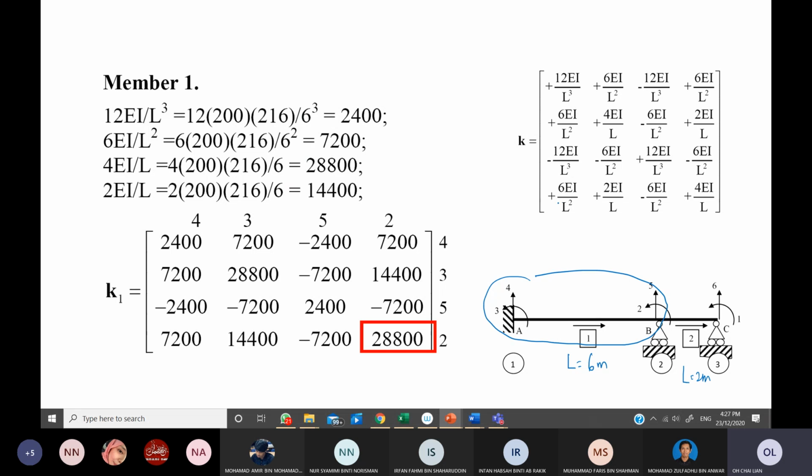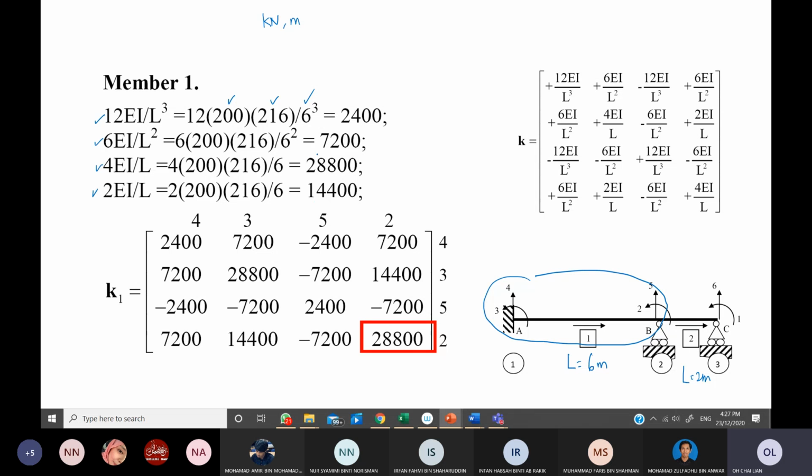So what you can do is just put in the E and the I. Now we are using units of kilonewton and meter. Make sure everything is in these units, and the L is 6 meter. So this is how you find the 4 items here: 12 EI, 6 EI, 4 EI, 2 EI.